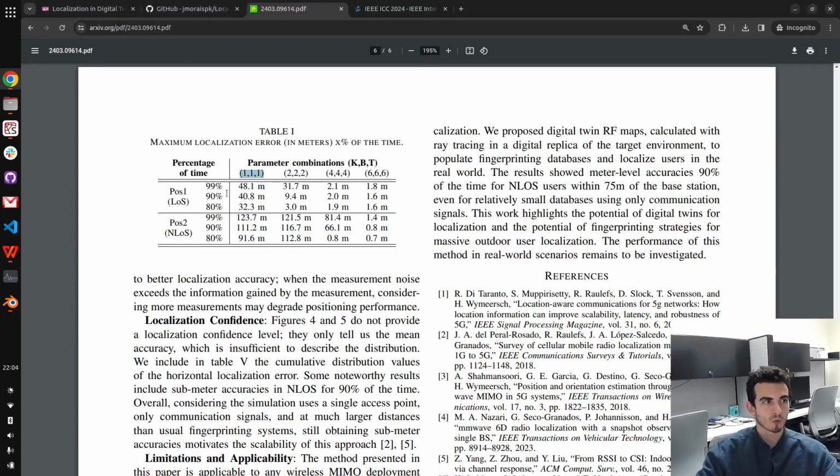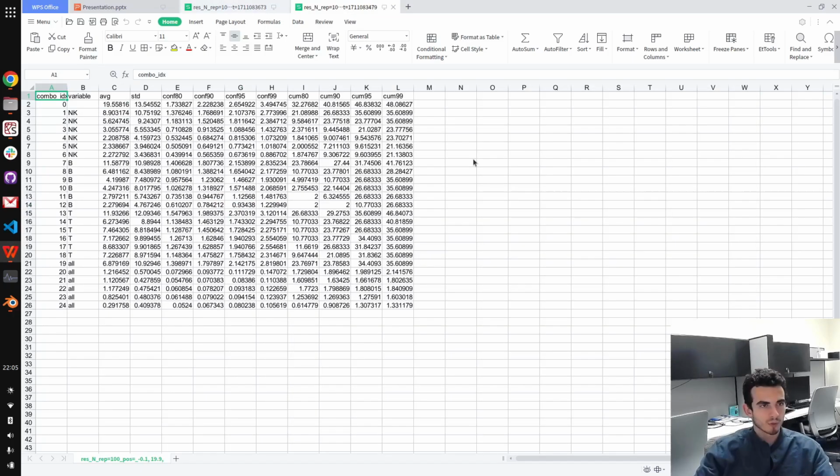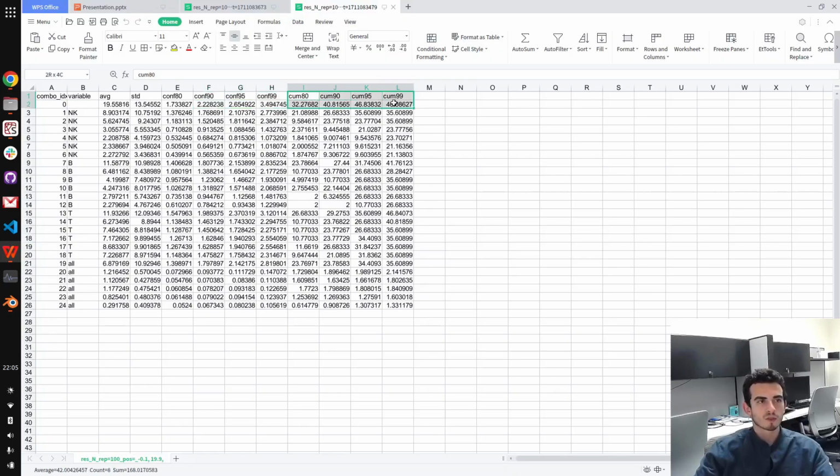For example, for line of sight. Oh, sorry, I opened the non-line of sight. This is the line of sight one. And in the line of sight one, we should see a relatively big error there. We want to see the cumulative, not the confidence. This is essentially 99% of the results were under this value.